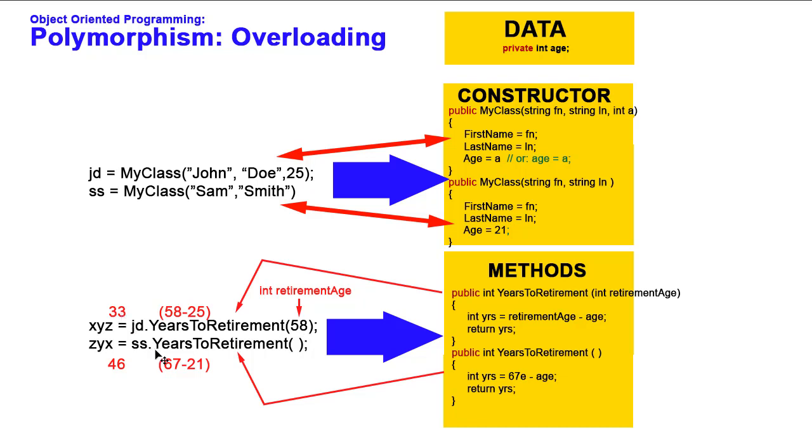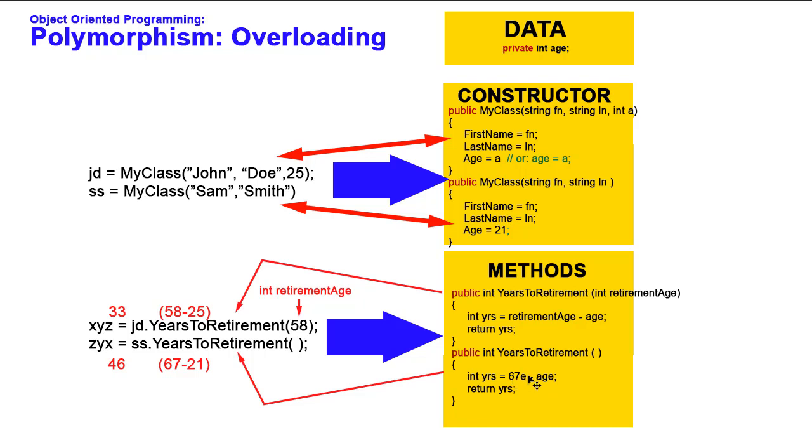But for Sam Smith, if I call years to retirement and I don't pass it a value, it's going to use this method. It's an overloaded method of years to retirement, but the signature is different. The parameters are different. There are no parameters. And so here it's going to calculate the number of years by 67, and that E should not have been there.